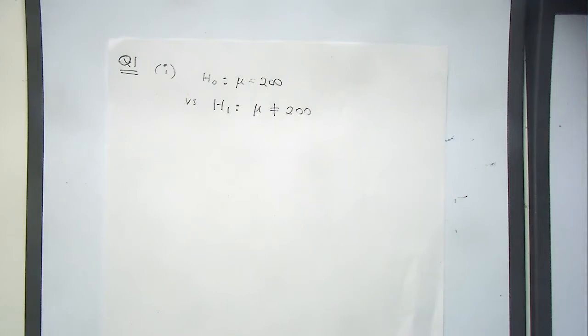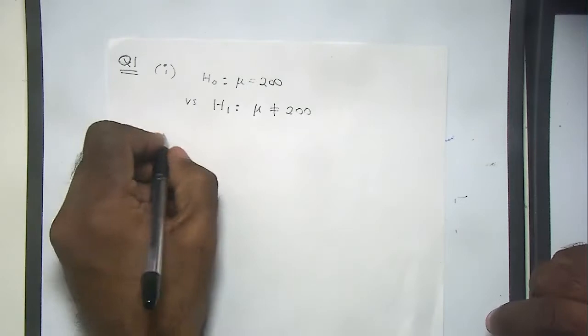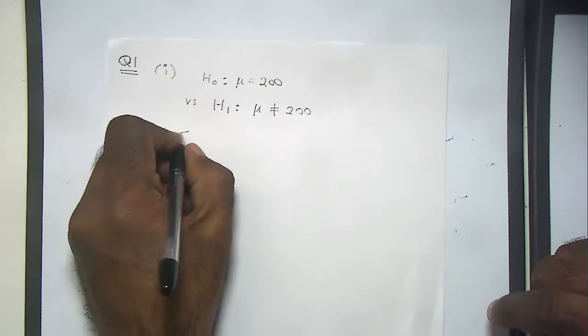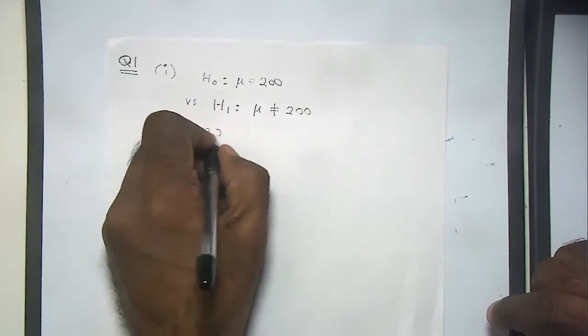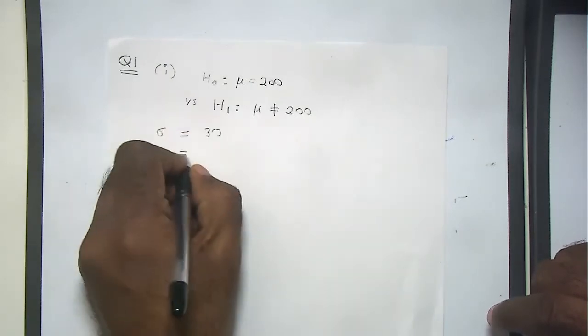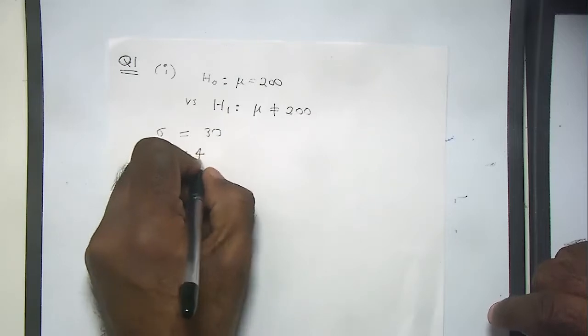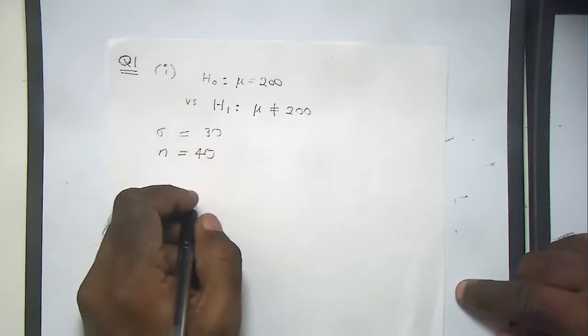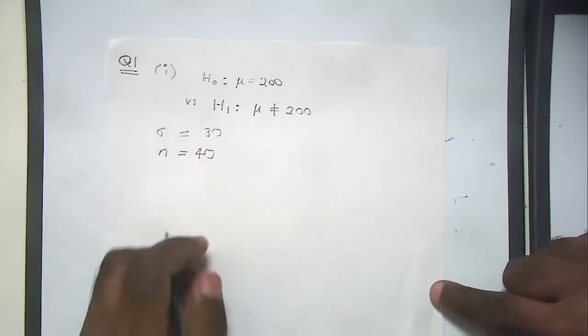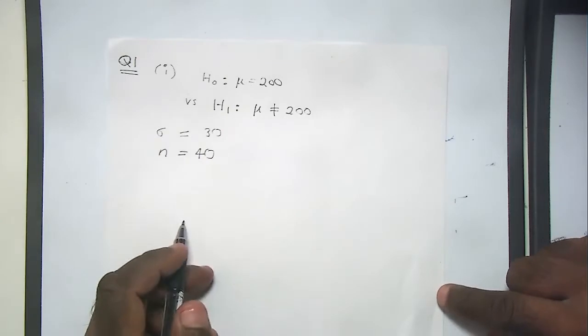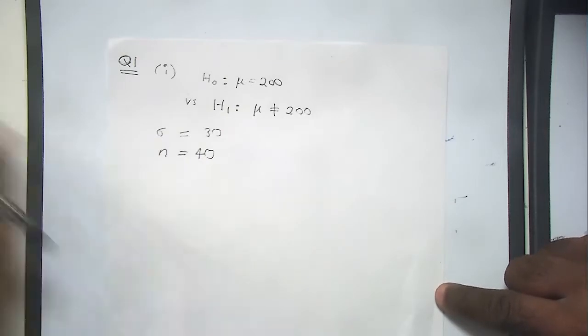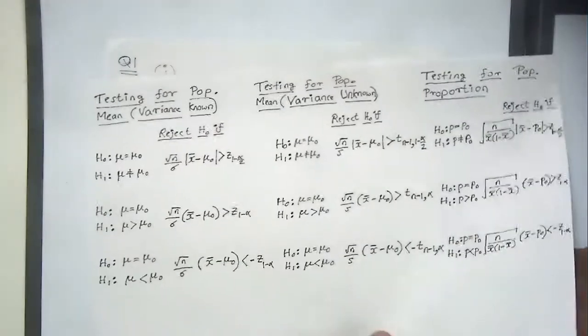And the standard deviation is given as sigma equal to 30, and n is given as 40, right? So the question is determine the rejection region in this case. So what do you think the rejection region would be? It's simply here, right? This is the formula sheet I showed you a minute ago.